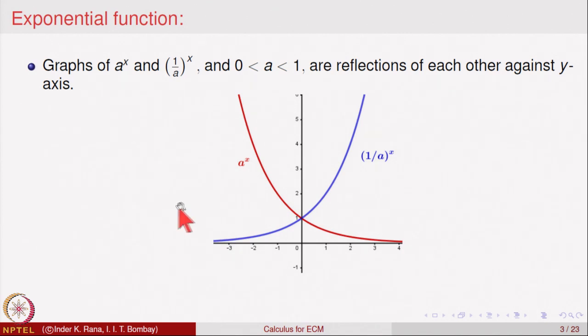That requires more properties of functions, calculus properties. We will see later on that this is actually the graph of both of them. So, this is just to illustrate why graphs are important and what is the relation between the function a raised to power x and 1 over a raised to power x, geometrically how they look.